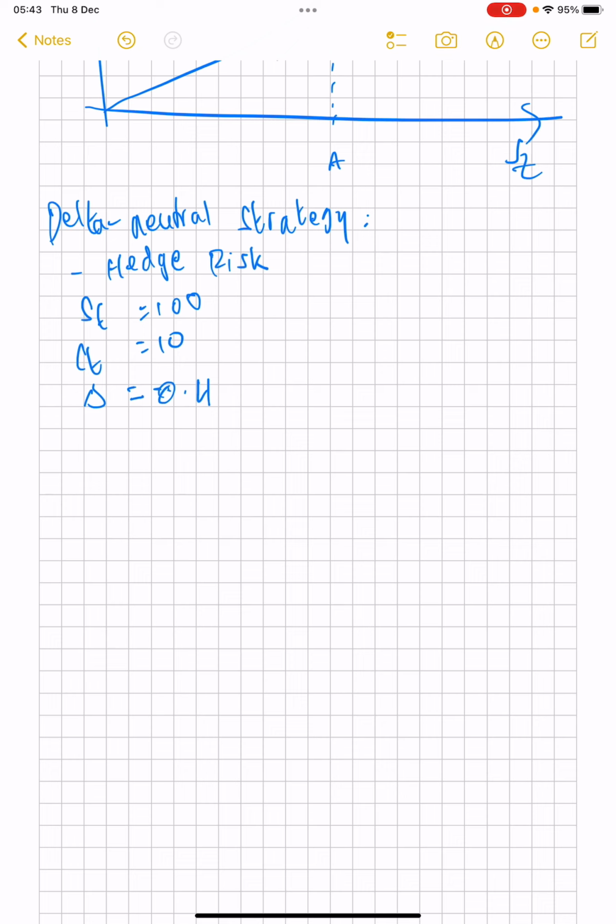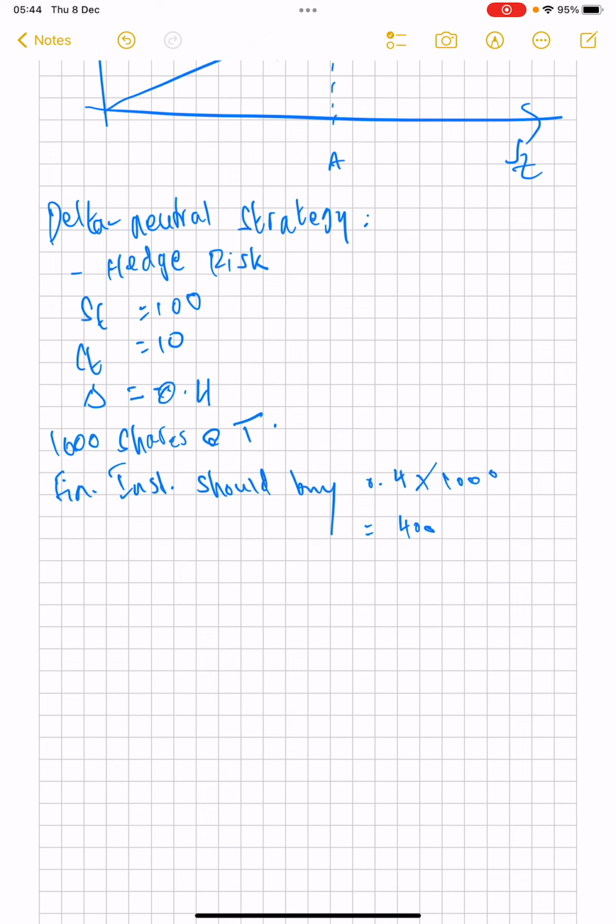A financial institution sold 10 call options to its client so that the client has the right to buy 1,000 shares at maturity. Okay, so just write 1,000 shares at T. To construct a delta hedge position, the financial institution should buy 400 shares of the stock.